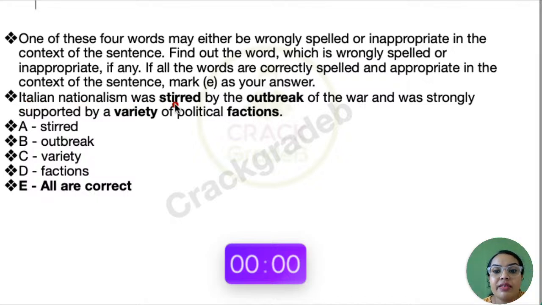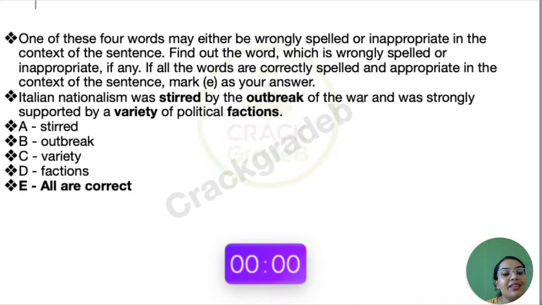Italian nationalism was steered by, okay? So after wars were third form, spelling of steered, everything is good. By the outbreak, okay, something that spread widely and quickly, that is outbreak, and was strongly supported by a variety of political factions, okay. I think here the only thing that might have confused you was the word faction.